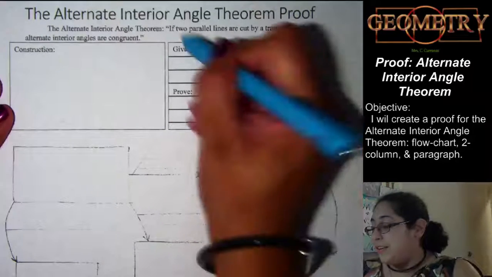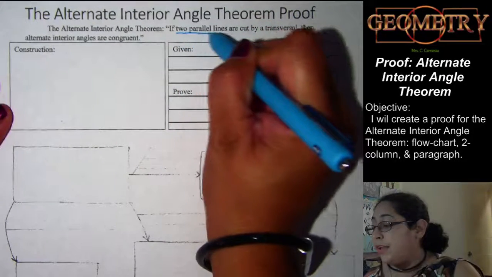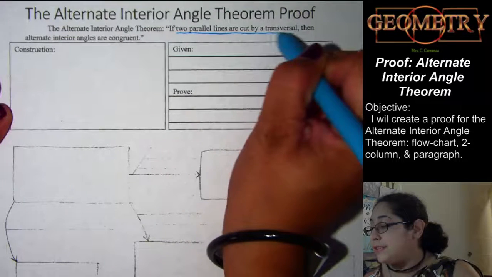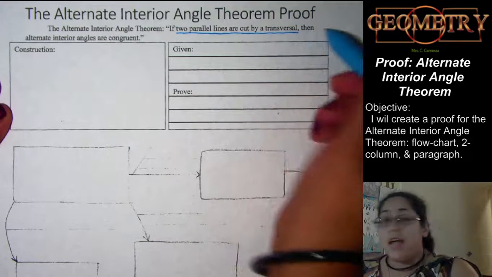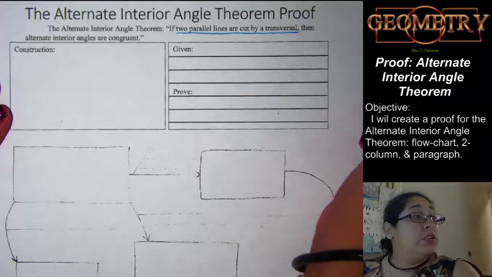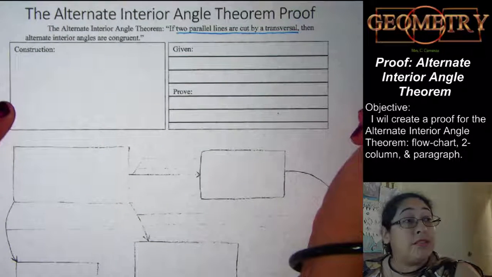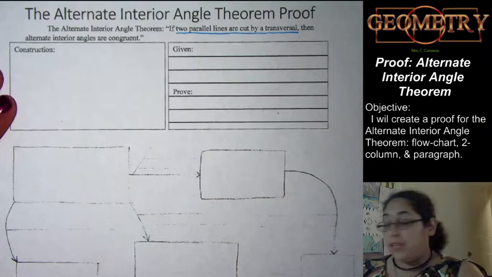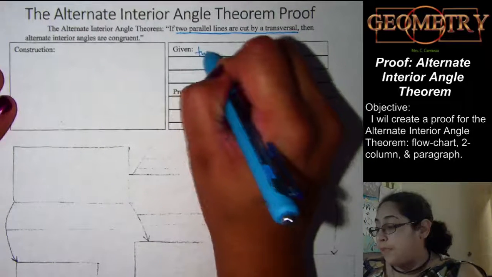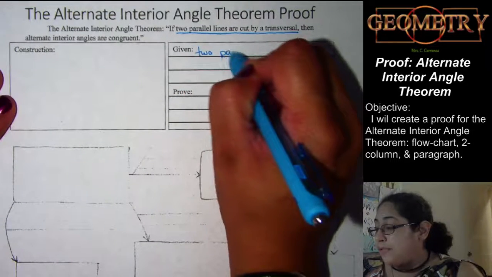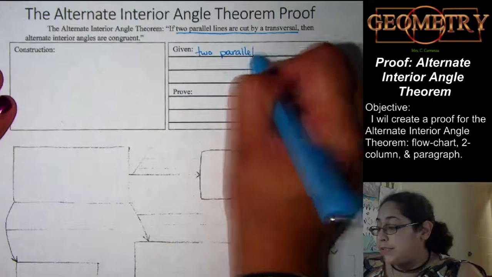Very nicely done. Without the word if, the hypothesis is two parallel lines are cut by a transversal. Please underline that once. If you're using different colored pens, choose a color and that will be the hypothesis color for today. Write the hypothesis in the box next to given.